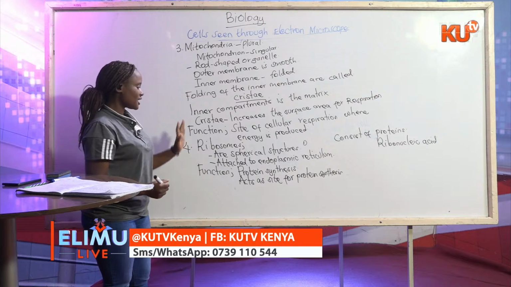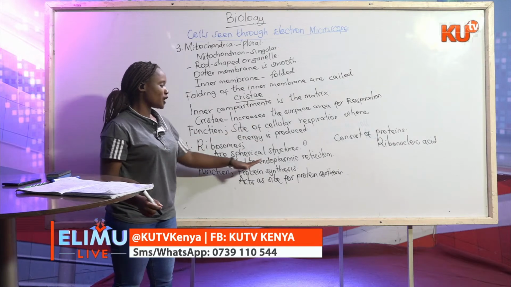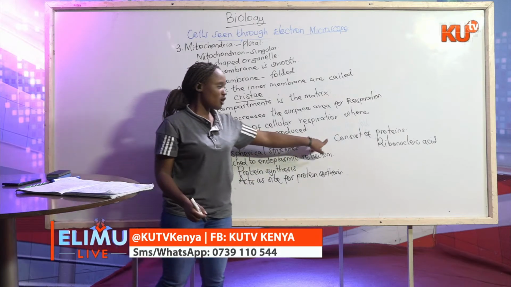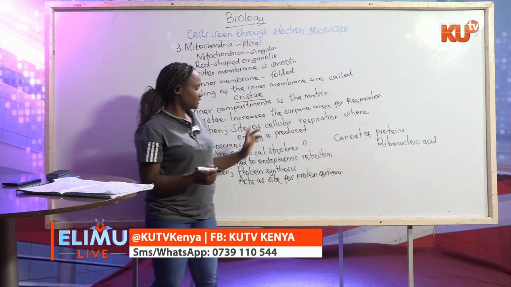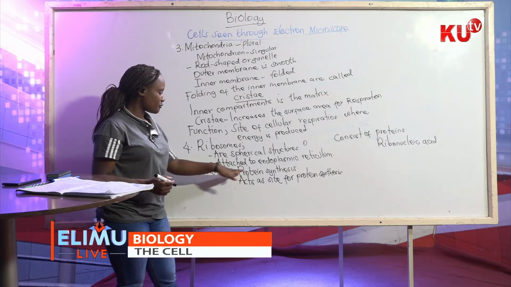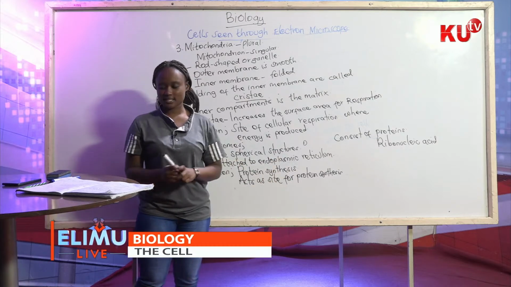So ribosomes, they are spherical structures attached to endoplasmic reticulum, and it consists of proteins and ribonucleic acid, and the function is protein synthesis, or acts as site for protein synthesis.